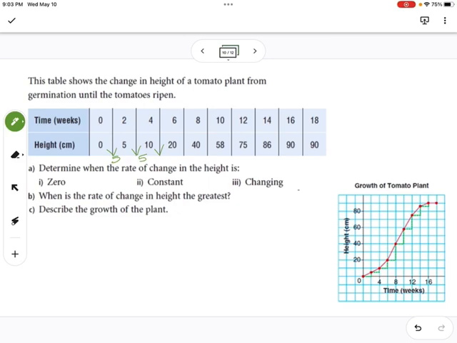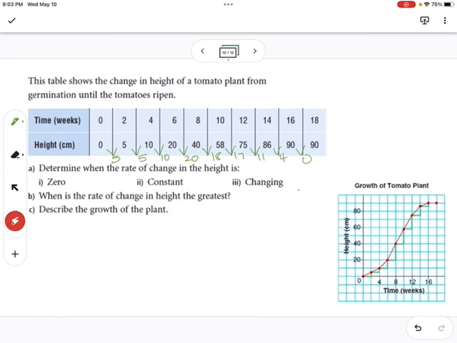Next we have 20 minus 10 is 10. 40 minus 20, 20. 58 minus 40, 18. 75 minus 58, 17. 86 minus 75, 11. 90 minus 86 is 4, and 90 minus 90 is 0. Okay, so these are all of our rates of change that we have.